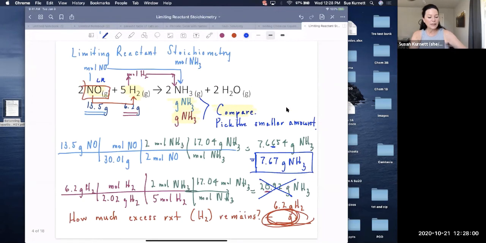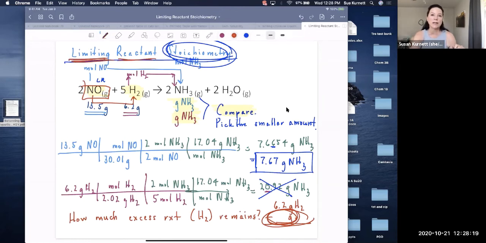So limiting reactant stoichiometry is just, we're going to use a balanced equation to answer some questions. And the questions might be, how much product is produced, or how much of the other reactant is needed? If we're given two starting amounts, that's when it becomes limiting reactant. Limiting because one of them is going to run out.